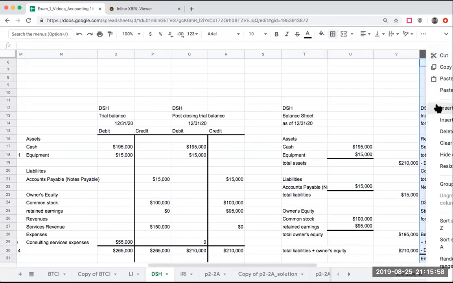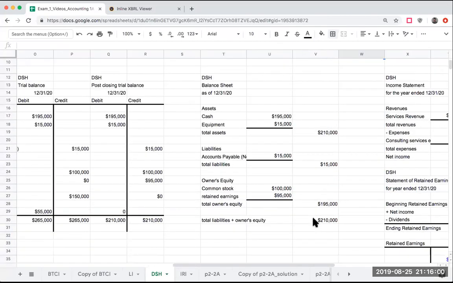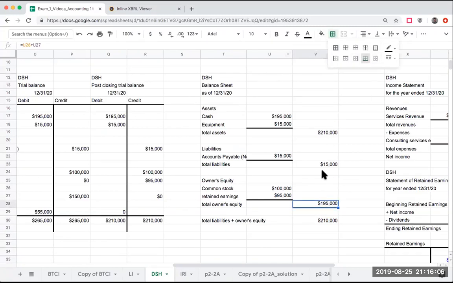So what I've done is my balance sheet balances. My total assets of 210,000 are equal to my total liabilities plus my total owner's equity right over here of 210,000.